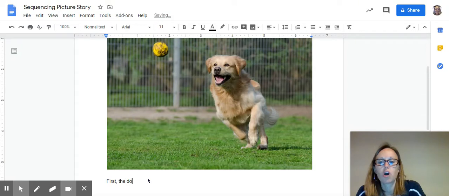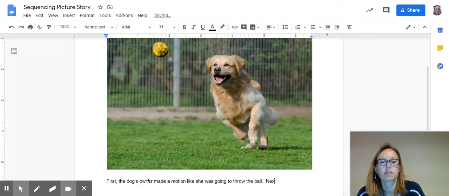the dog's owner made a motion like she was going to throw the ball.